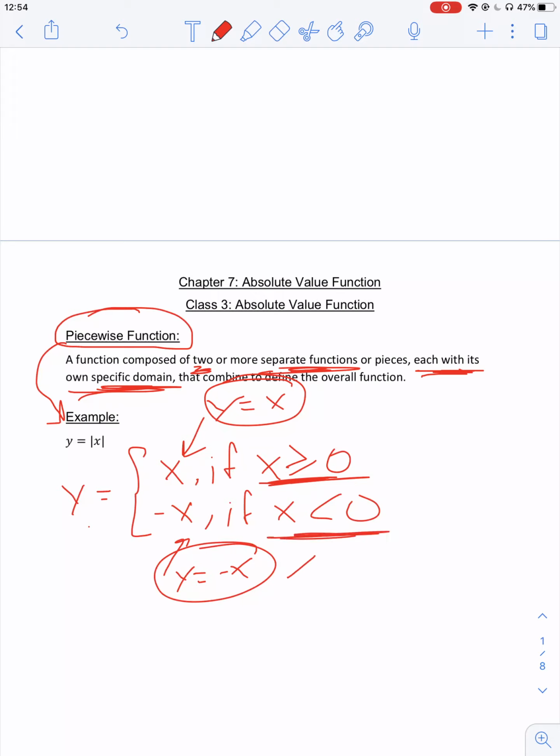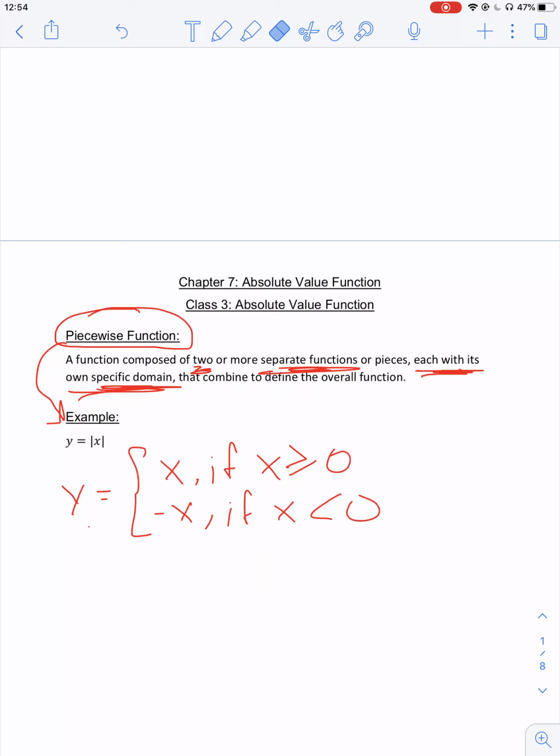So they have their own domains. Okay, so how do you graph a piecewise function? You can graph it by graphing each piece separately, which is what I'm going to show you. That's one way of graphing it, and then I'll show you another way, where you don't have to do that.